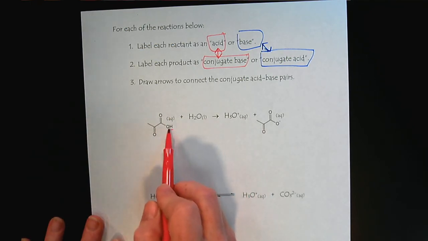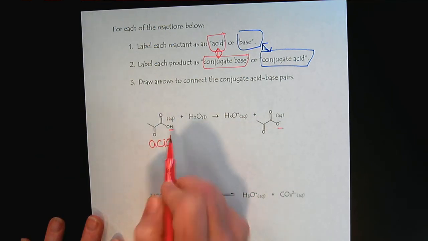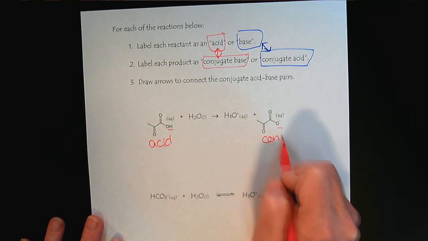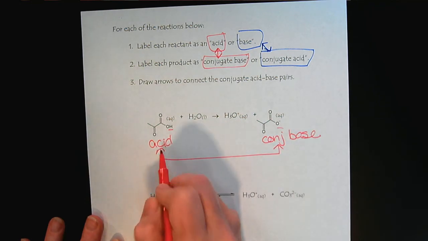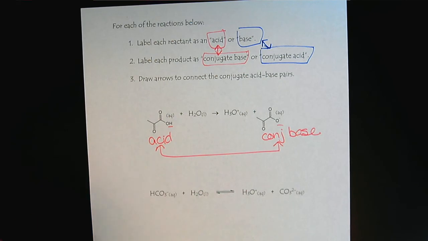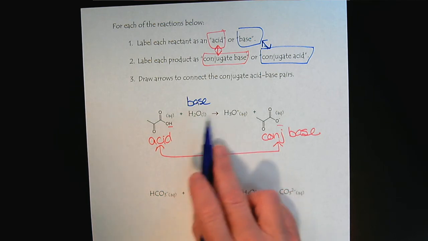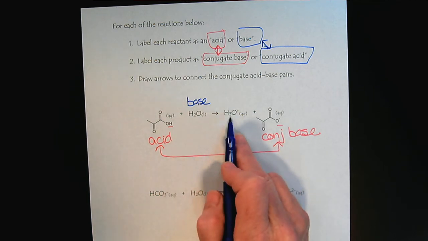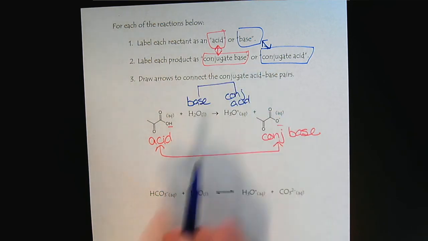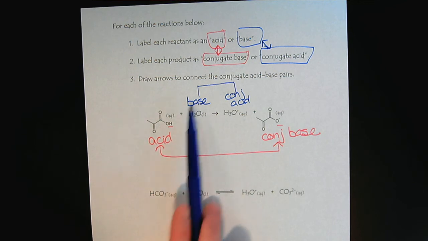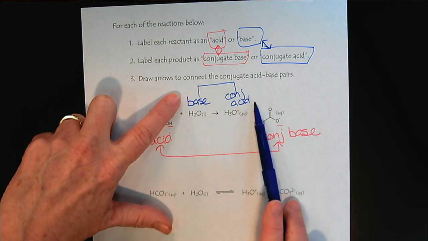Here we see the loss of a hydrogen ion, so this is the acid and the conjugate base. If this is taking the role of the acid, then it makes it very straightforward. The water is taking the role of the base, and it accepted the proton to become the hydronium ion. So there's our conjugate acid. We would describe this as an acid-base reaction, and we've identified the conjugate acid-base pairs.